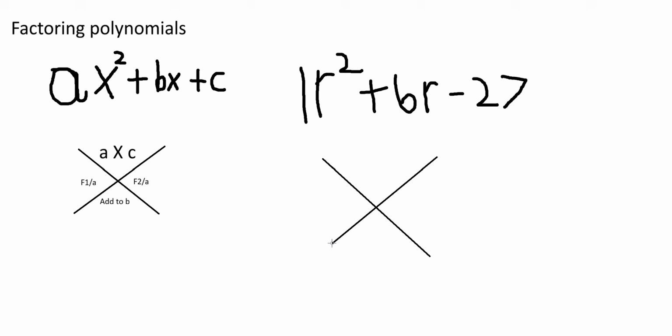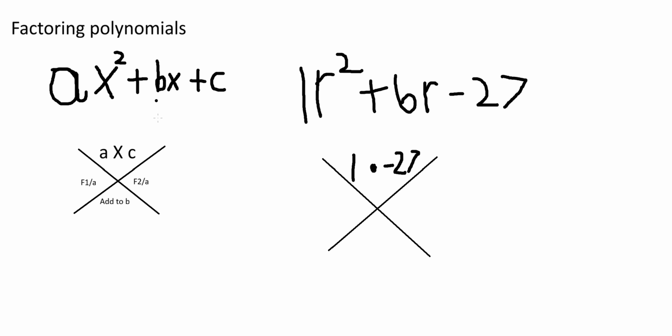Okay, so we have our x set up. So now it's going to be 1, since that's our a, times the c, this is also our c as well. So it's going to be 1 times negative 27.